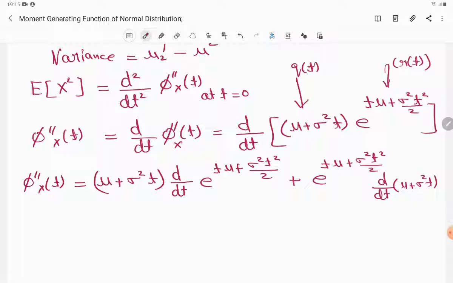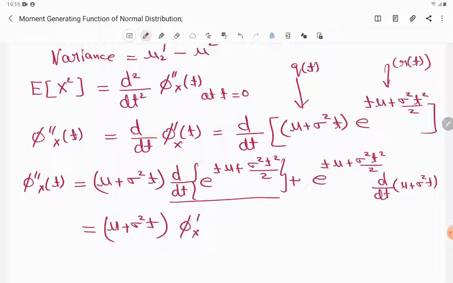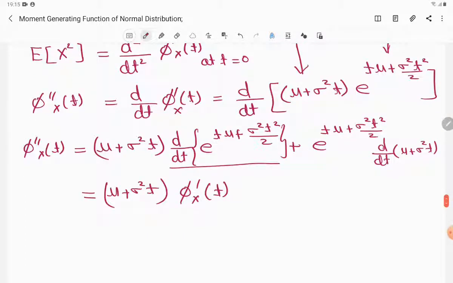You can notice this term I can again write as phi, because whatever is inside the bracket is phi x of t, and I am taking its derivative.